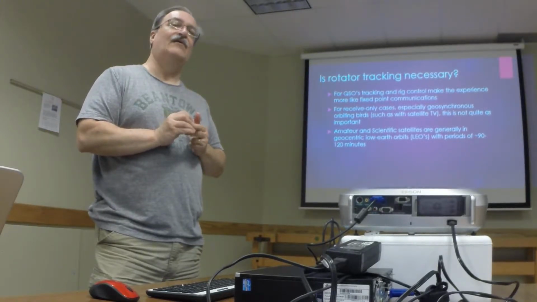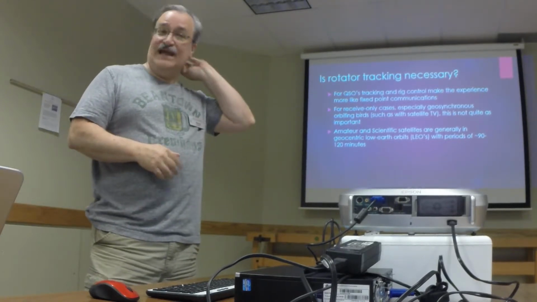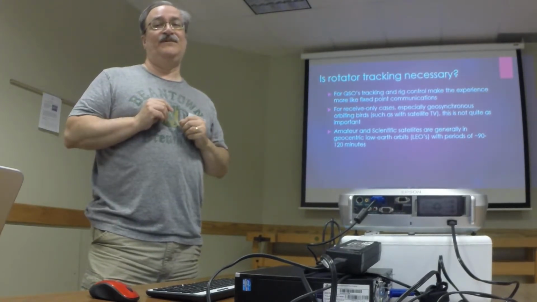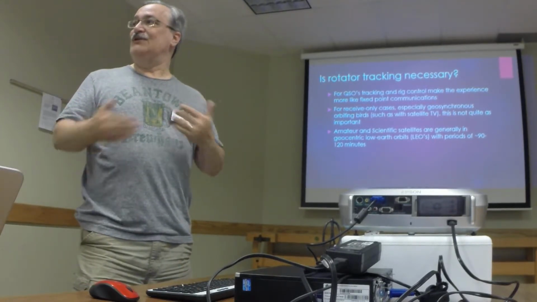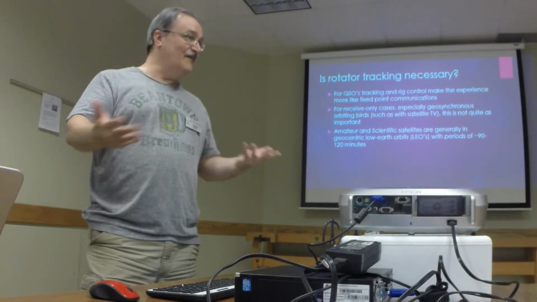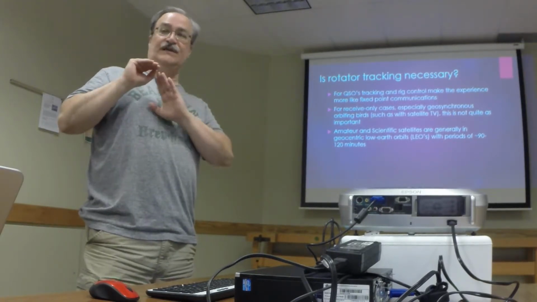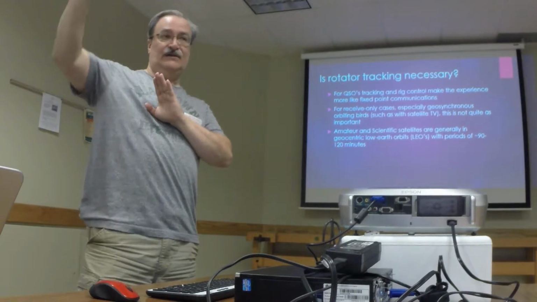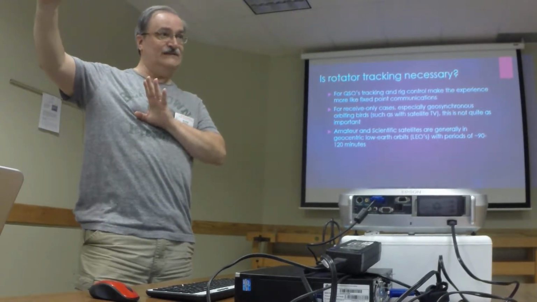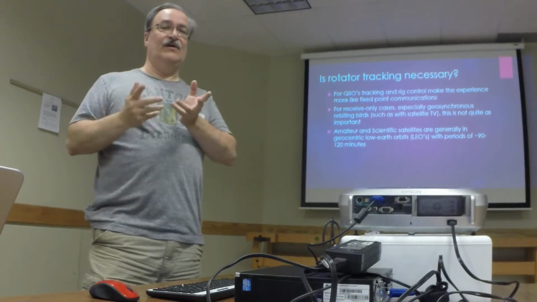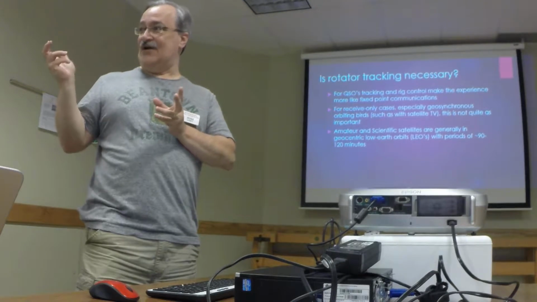Yeah. Now, I didn't put it in the presentation, but there are some caveats, of course. There's always the old adage, you're probably not going to be able to talk to what you can't hear, okay? Obviously. But there are cases where you can hit a satellite on a low angle with some power, something closer to 100 watts, for example, rather than, I think everybody has seen handheld satellite operations with a handy-talkie.